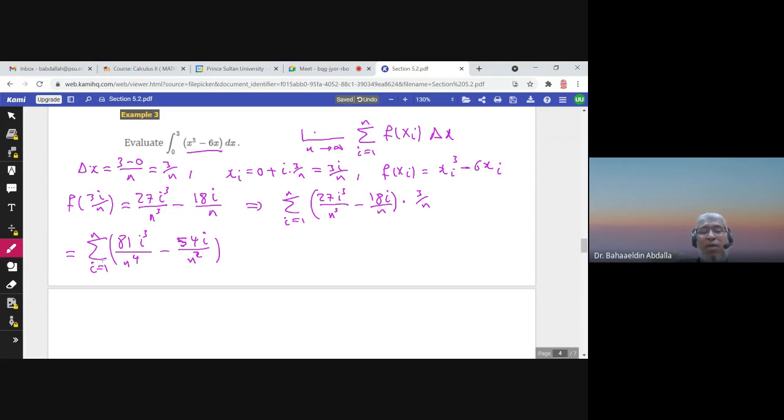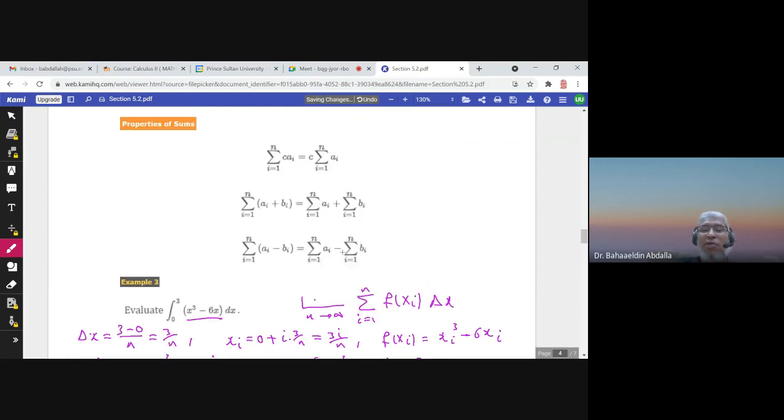Now I can distribute the summation: this minus summation this. So I will do that, and I will take the constants outside. So I have 81 over n to the power 4 times summation i cubed from 1 to n, minus, I'll take 54 over n squared outside because it's constant, times summation i.